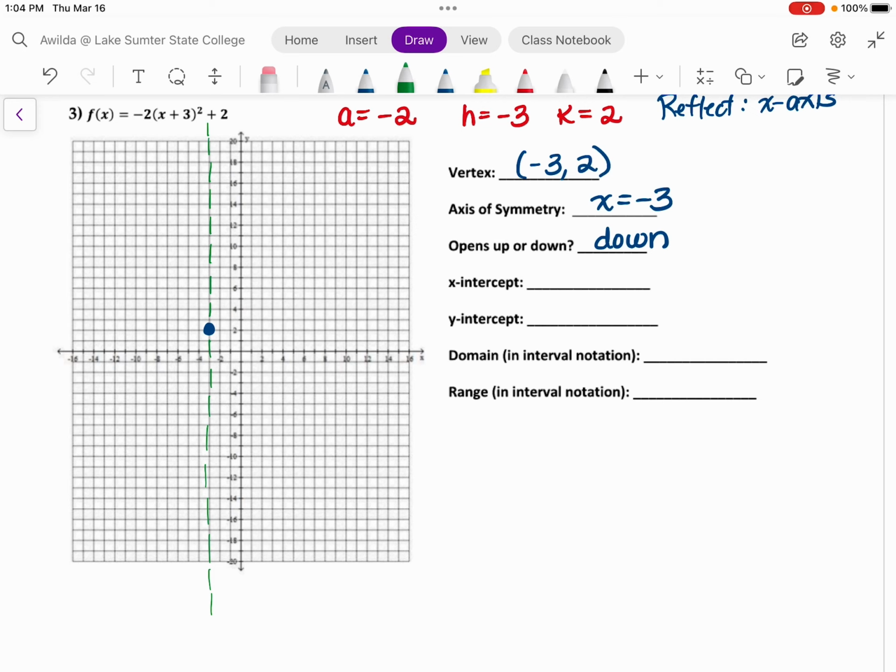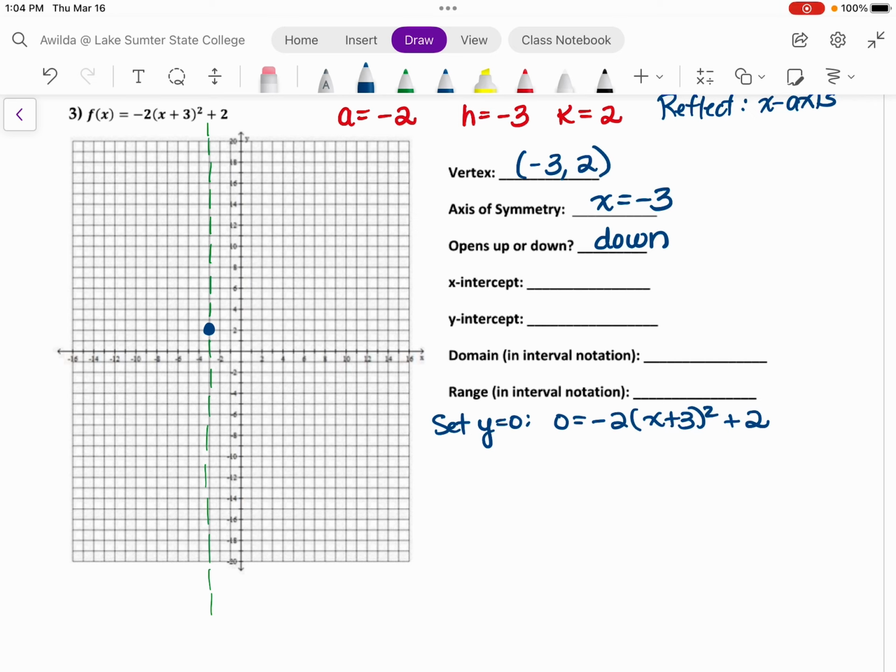Next, let's solve for the x and the y intercepts algebraically. We're going to set y equal to 0 and solve for x. So we have 0 equals -2 times x plus 3 quantity squared plus 2.